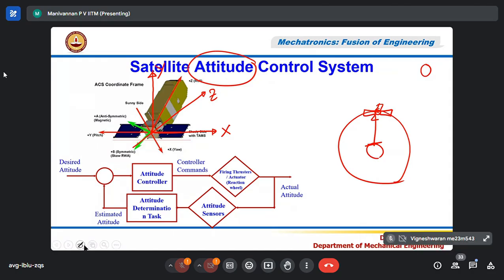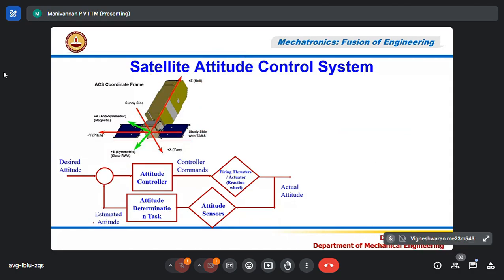To do that, how will you design it once launched? Once it is launched, the satellite has some velocity. Correct? The final velocity will be in the order of thousands of kilometers. The satellite will be launched, and since there is vacuum above where the satellite is moving, there is nothing to stop it. But there may be a little bit of gas molecules, so slowly the satellite may lose its speed.